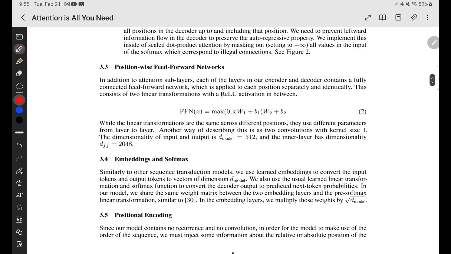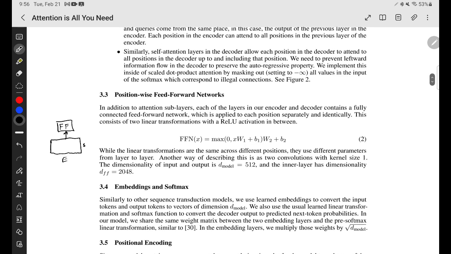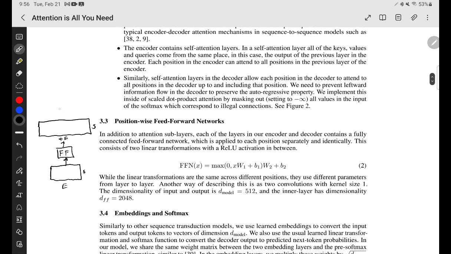where they use a ReLU activation function, and they use two weight matrices. So what they do is they have a sequence, so it'll be S by E, and then you project that using a feed forward matrix, or a feed forward layer, to a dimension that is 4 times larger, so S by 4E, and then you apply ReLU to it, just an activation function.